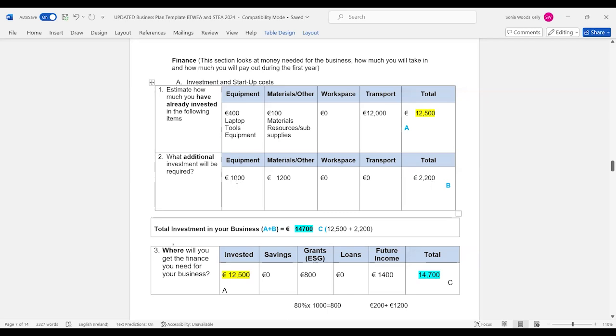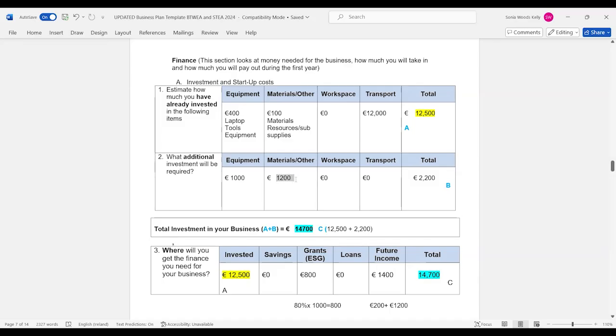So 1,000 euro, 80% of it is hopefully going to be funded by the Enterprise Support Grant. So that's 1,000 by 80%, which is 800. And the remaining 200 euros, I'm going to plan to finance out of future income. That would be my first year profits in the business.